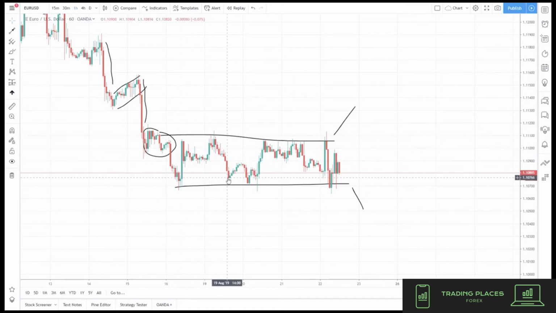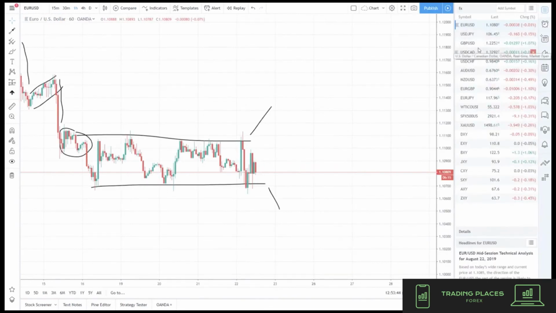Whenever we move down, that is met by a move to the upside, and then we have very, very tight consolidation periods where there is absolutely no clear direction of where the market is trying to go, right? And so that's really the definition that we're looking at in terms of consolidation.